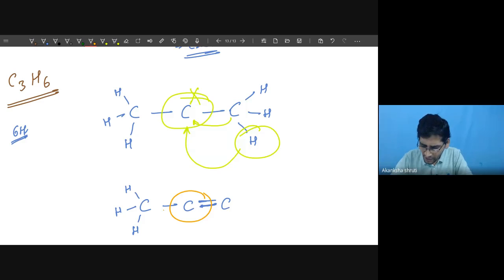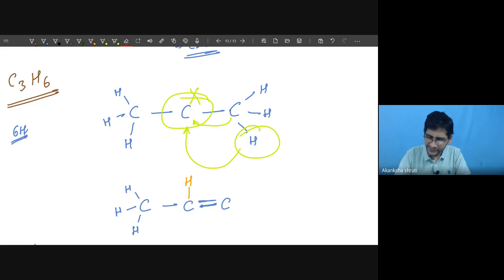Students, 1, 2, and 3. 3 bonds by this middle carbon are already formed, but it needs to form one more bond, so that a total of 4 bonds are formed by the middle carbon also. It means it needs only one hydrogen.